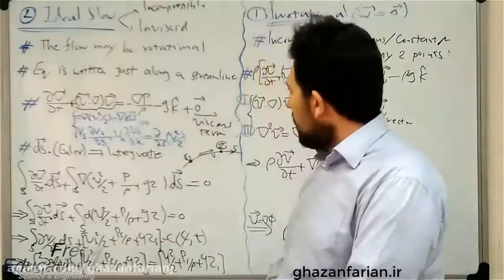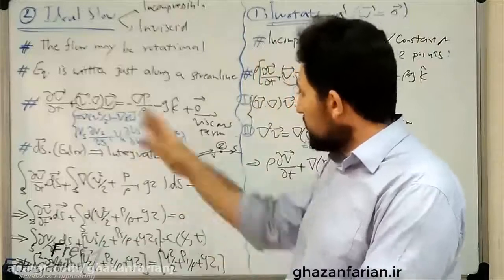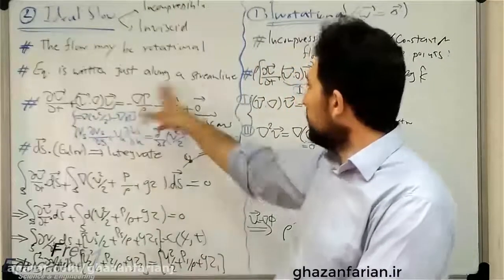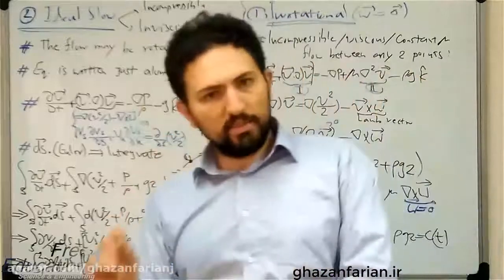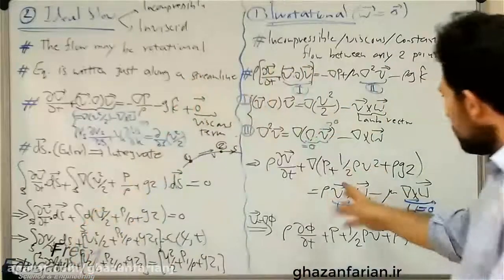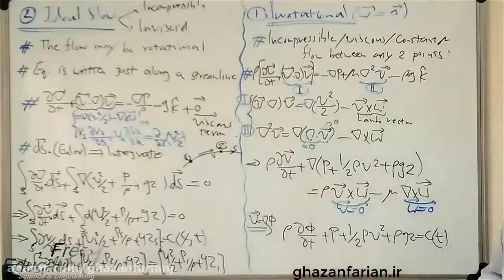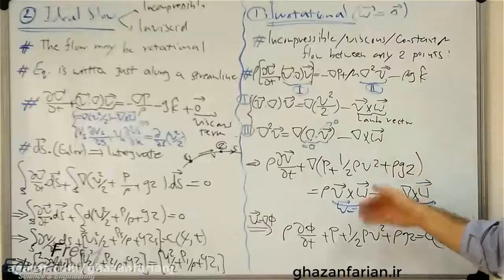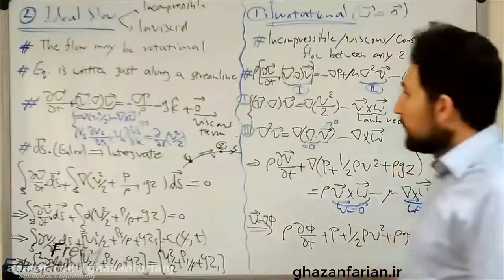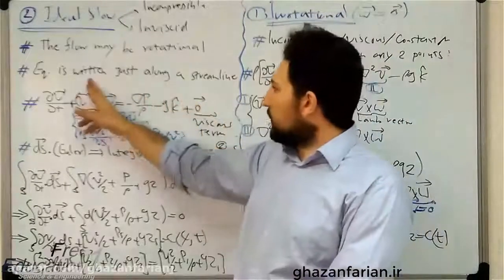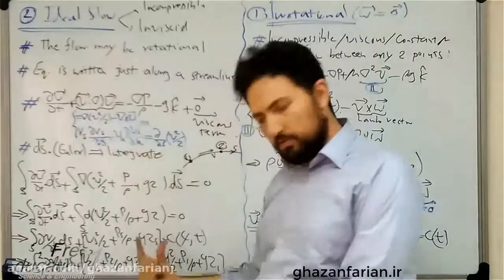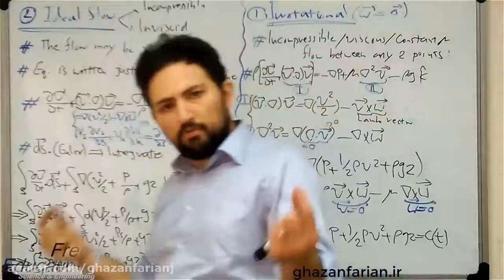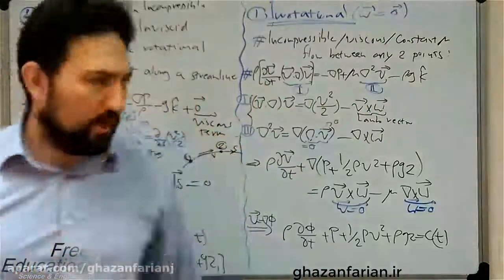So let's go on. Also, this version of the Bernoulli's equation is written between 2 points which are located along a specific streamline. In the previous version, this assumption is eliminated, so you can write that version of the Bernoulli's equation between any 2 points. But here it's essential to add this assumption, and the final equation is only valid between 2 points located on a specific streamline.